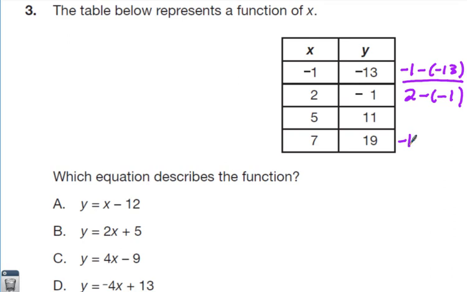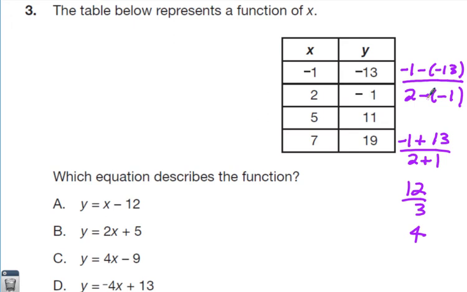So that'd be -1 plus 13. So I know my slope is 4. And you know what? Just double checking things. Change in y, -1 minus -13. Change in x.